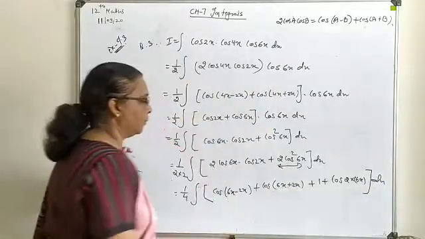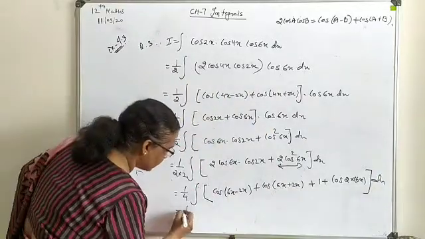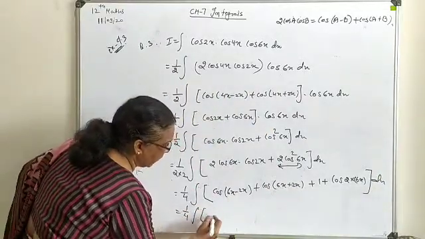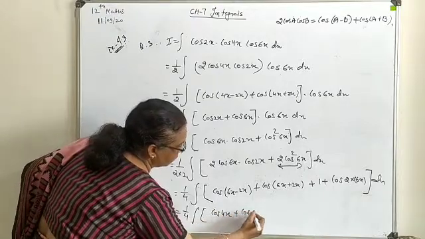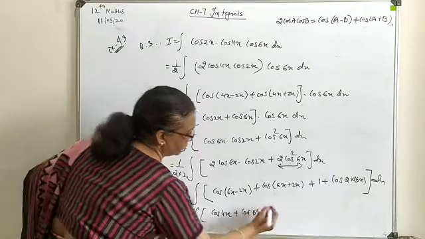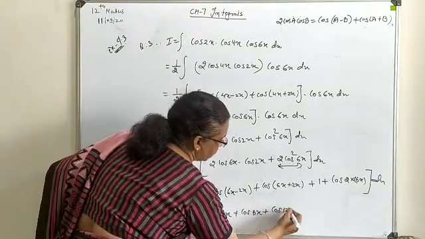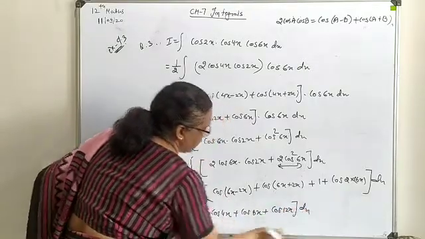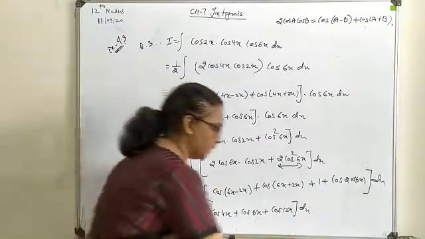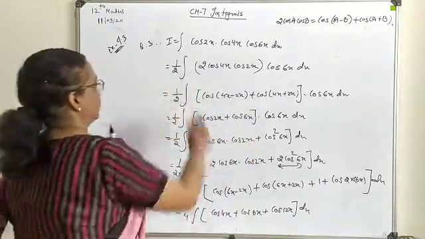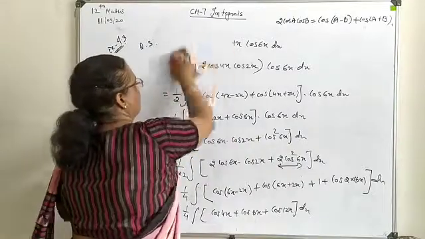Now combine the terms. This is 1 upon 4 times cos of 4x plus cos of 8x plus cos of 12x, plus the 1. Now you can see each term is separate for further integration, so convert it to integration form.